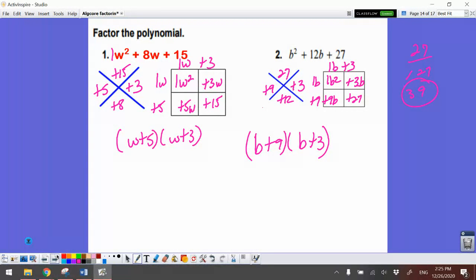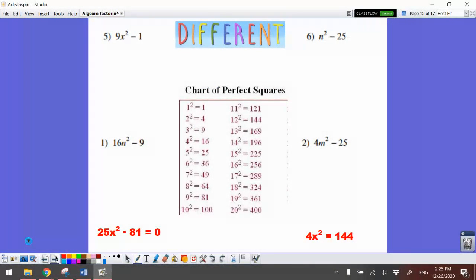Okay, so we've kind of talked about one of these, difference of squares, the other day, where we were looking at r squared minus 81. Let's take a look at this n squared minus 25. So what this is really saying is 1n squared plus 0n minus 25, which means I have a negative 25 and a 0.